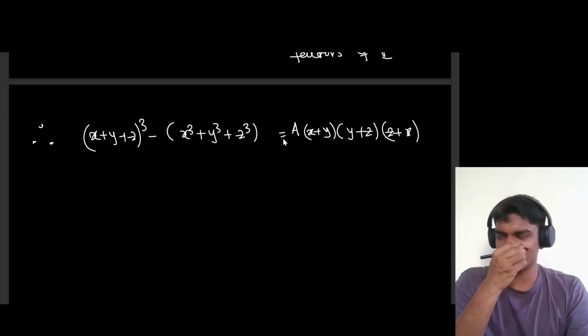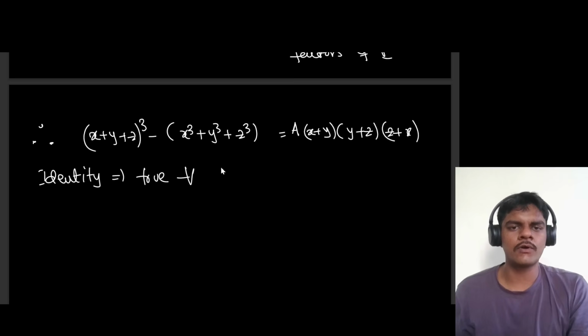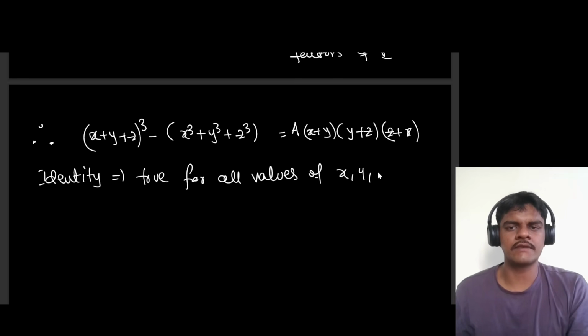How do we find a? We will see. But first of all, you must understand that this is an identity. And what does an identity mean? True for all values of x, y, z belonging to R.